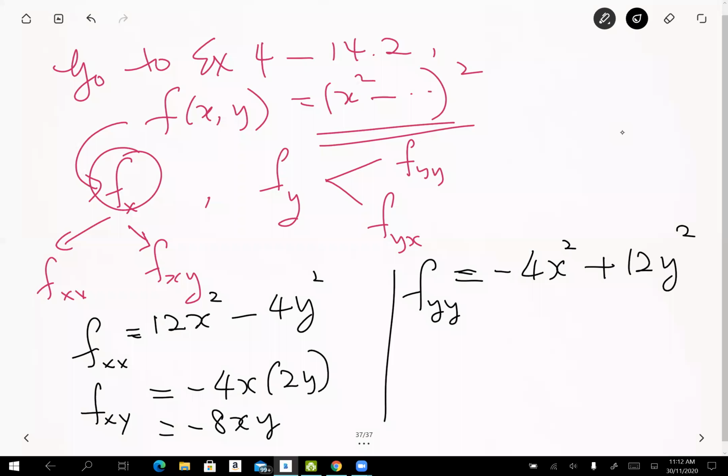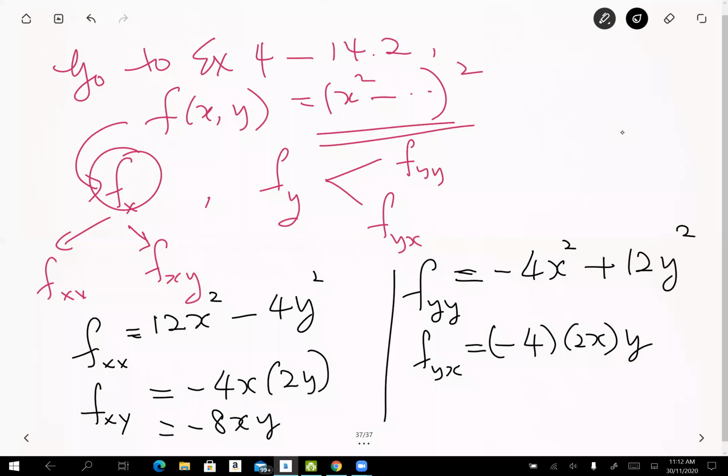Okay, so now you take the derivative of fy with respect to x. So the first term here, there is an x. So you got -4, and then you got 2x, the derivative of x squared, multiplied by y.